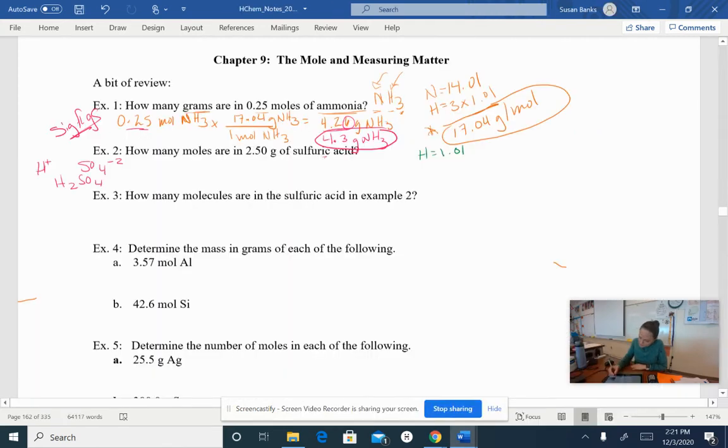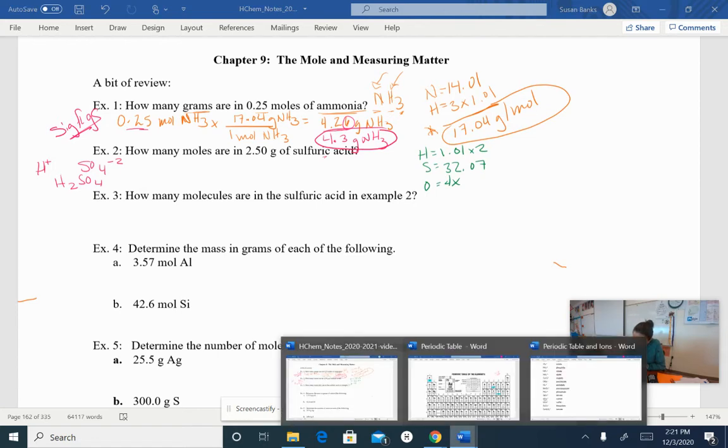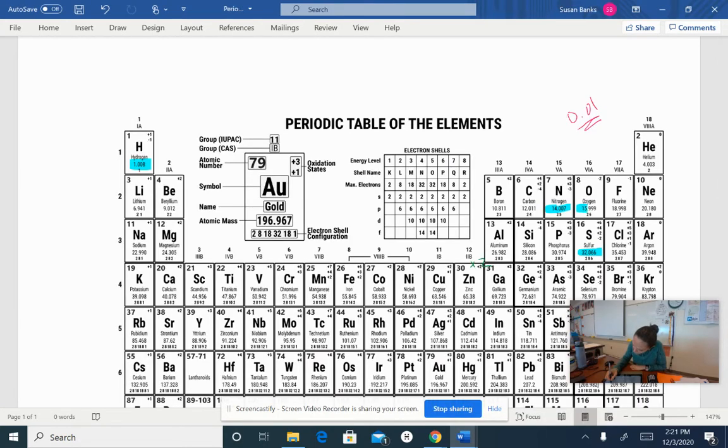Okay. So sulfur, 32.07, and oxygen. I've got 4 of them, so I need to multiply by 4. So I look at oxygen, 15.999 is going to round to 16.00.